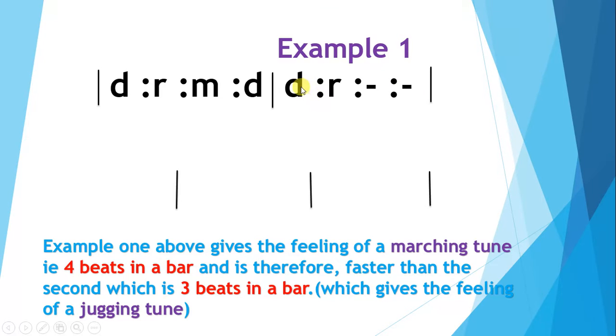The difference is that you have 1 and 2, which have been written. For the other 2, there's nothing there, indicating that you have to pull. Remember in our lesson 1 we said whenever you see a dash, you pull, and these 2 dots simply represent a beat. That is why we're having 1, 2, 3, 4.